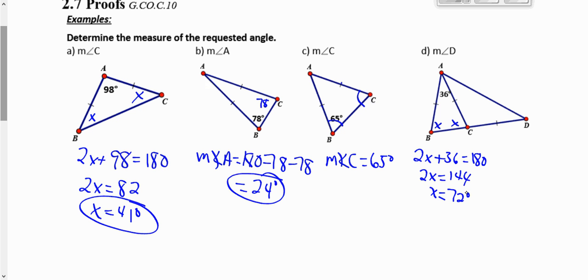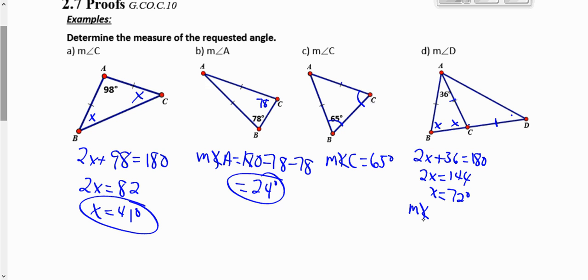Now we've got to get to the other triangle, to angle D. What kind of triangle is this? It's also isosceles, which means these two angles are congruent. So let's get the measure of angle C. How are we going to do that?